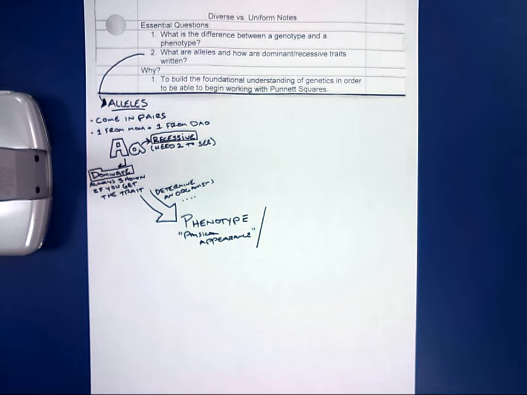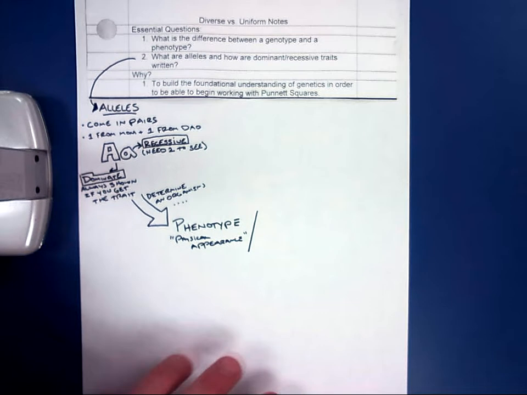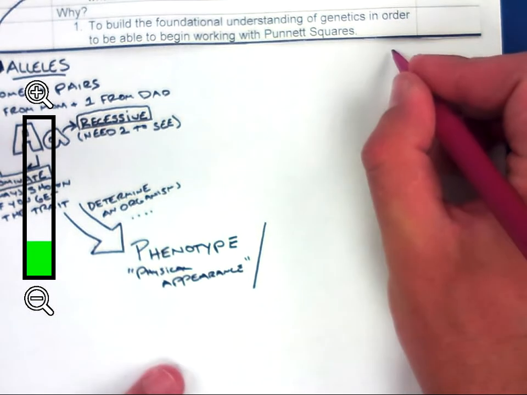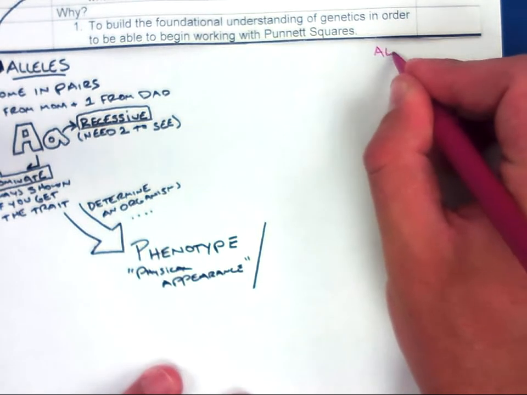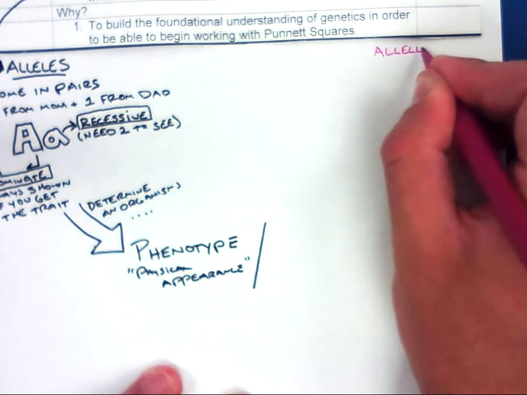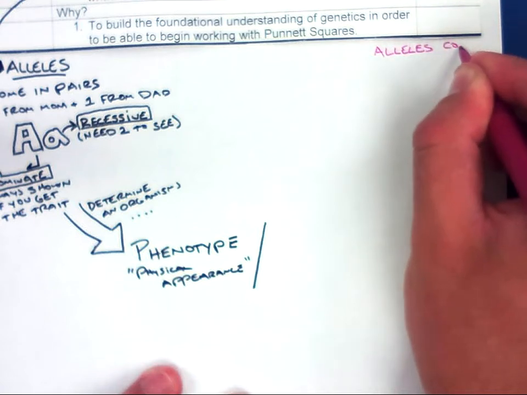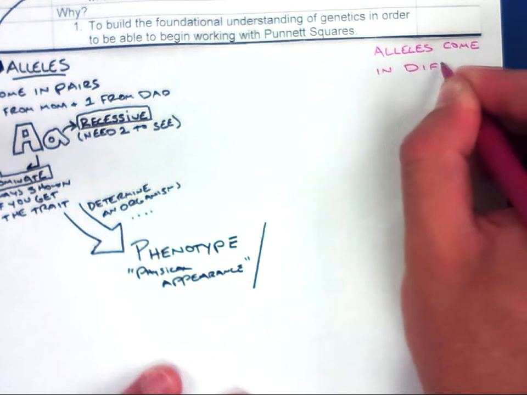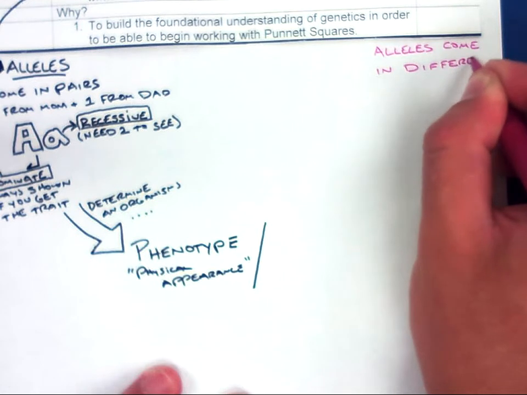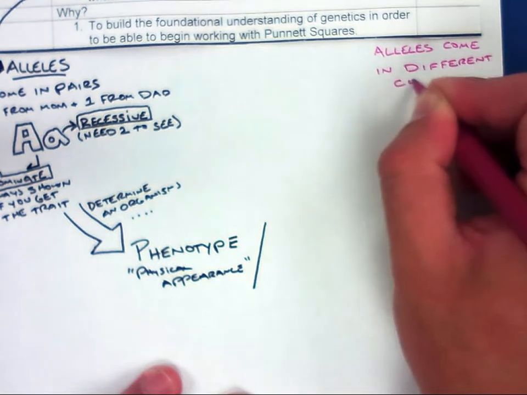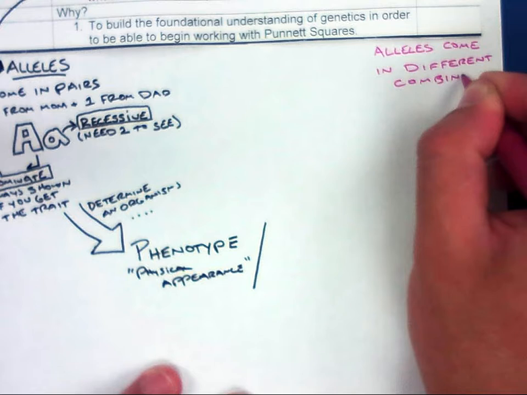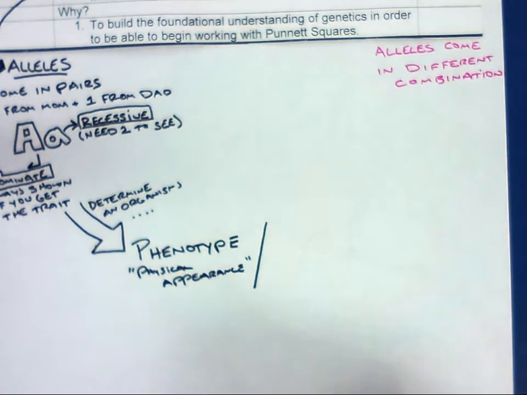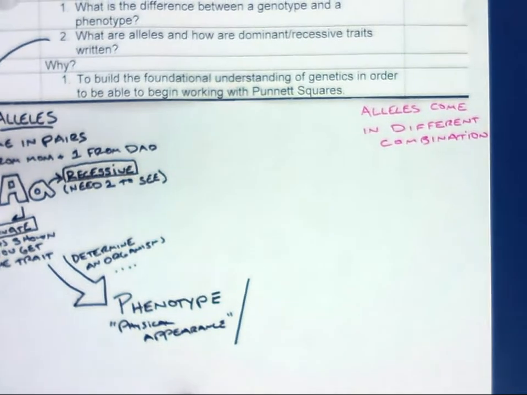So we're going to write, and I'm going to write this one in red. Up on this side is alleles come in different combinations. So alleles come in different combinations.